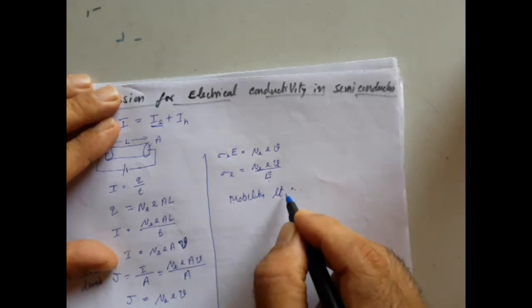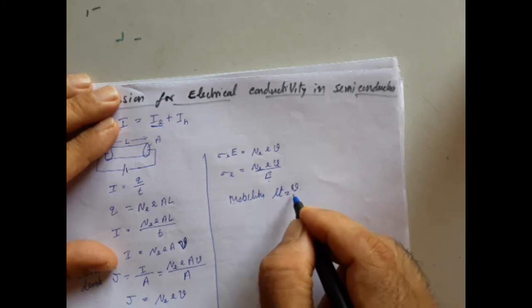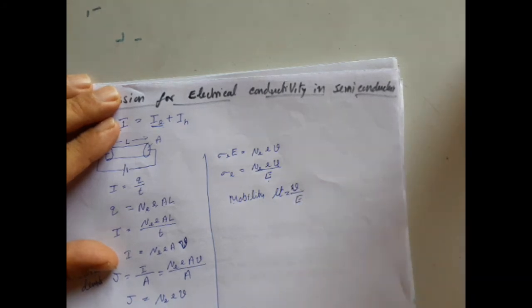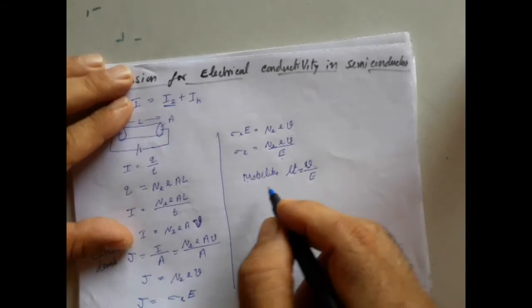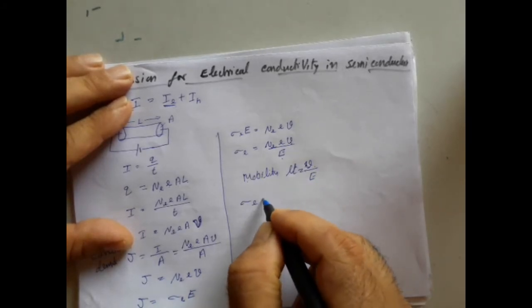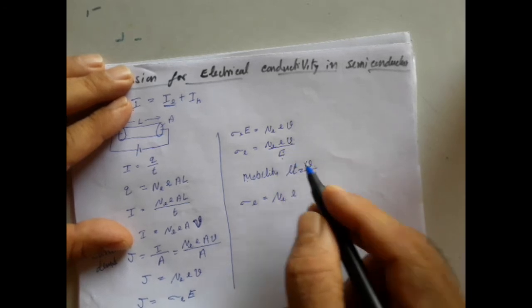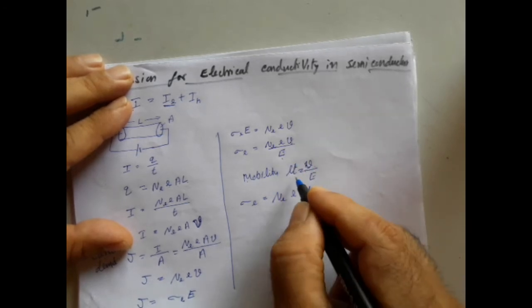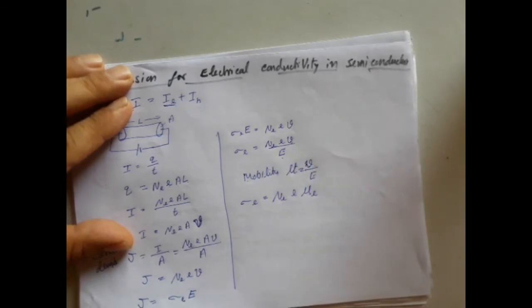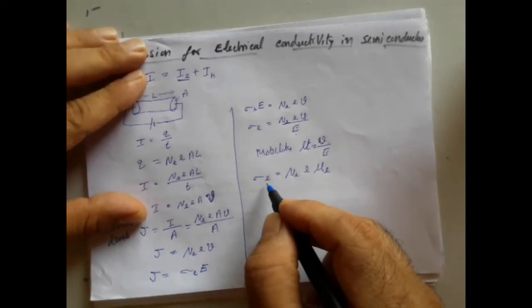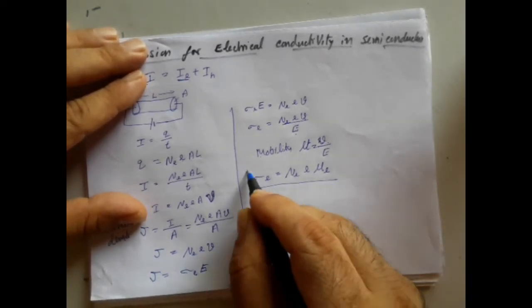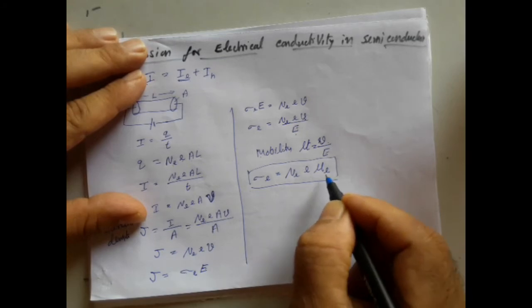The definition of the mobility is always equal to the drift velocity per unit electric field. Therefore, I can write the conductivity due to the electrons is equal to Ne into e into v by E, which is nothing but the mobility. Now, this mobility is due to the electrons. Therefore, the conductivity due to the electrons is given by sigma e equal to Ne e mu e.